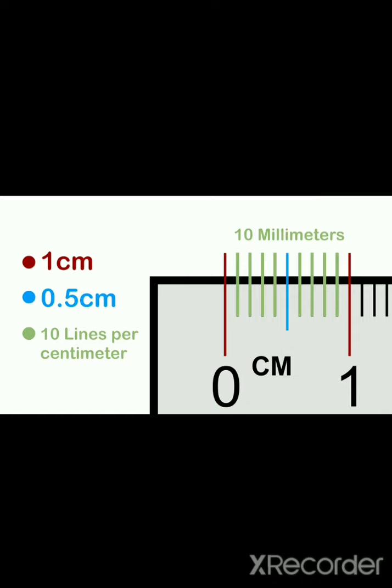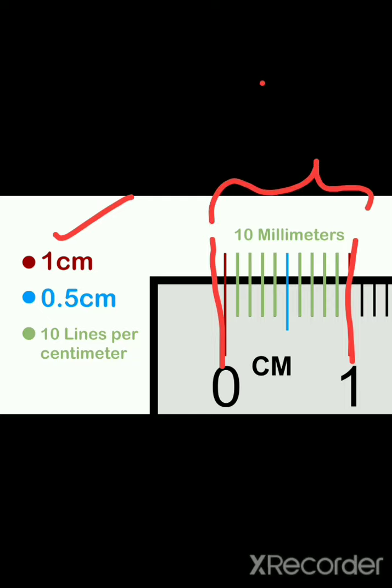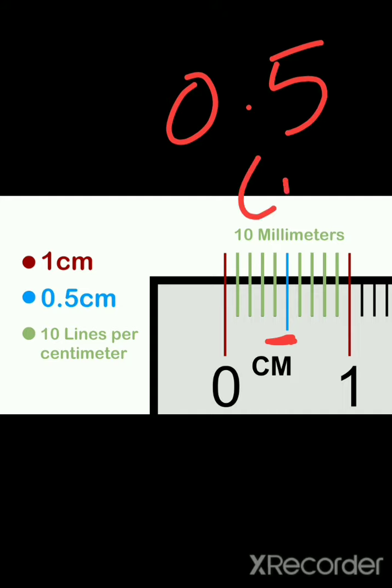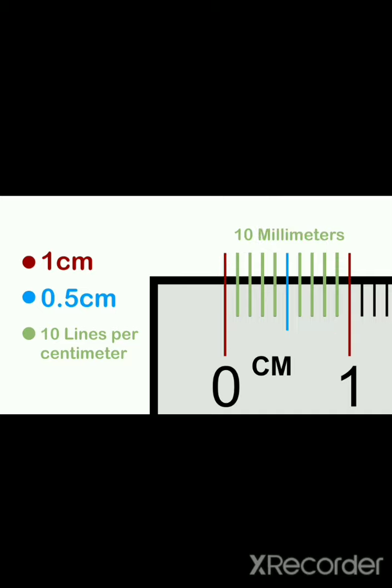These two brown lines show 1 centimeter, that means this whole distance is 1 centimeter, and this blue line indicates half, that means 0.5 centimeter. The small light green lines indicate 10 lines per centimeter, that means 10 lines equal 1 centimeter.